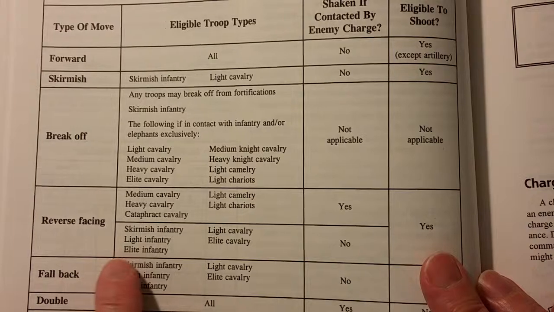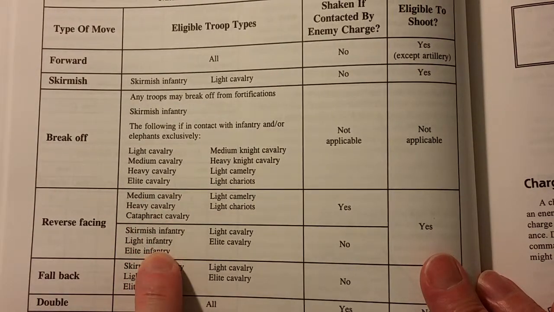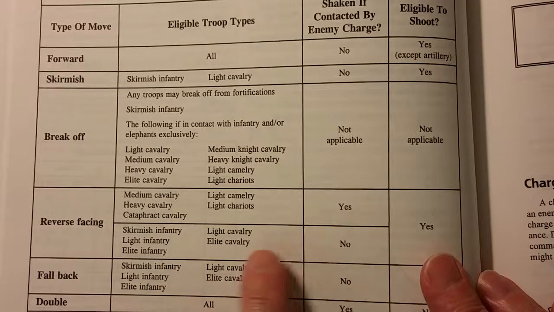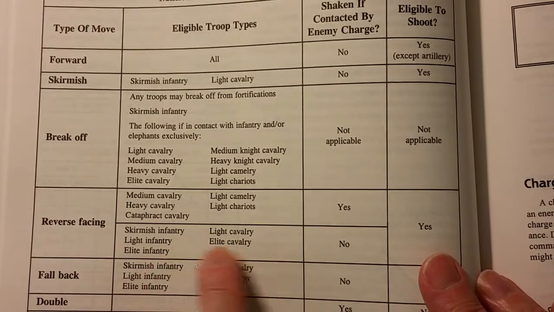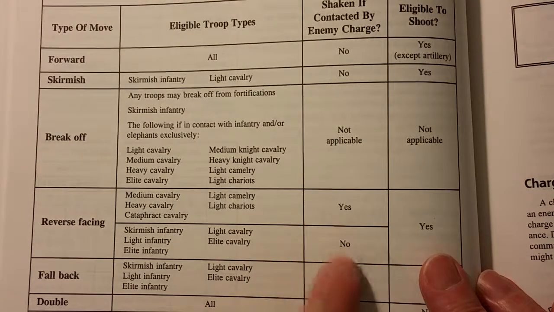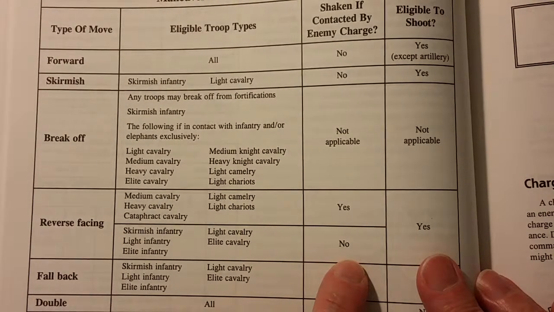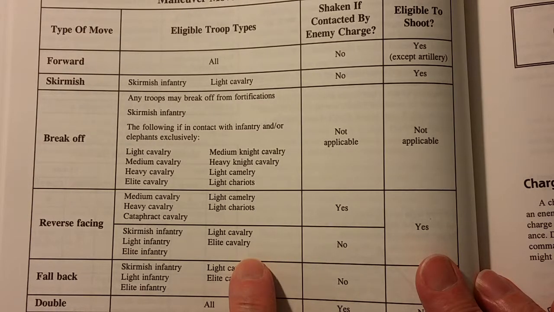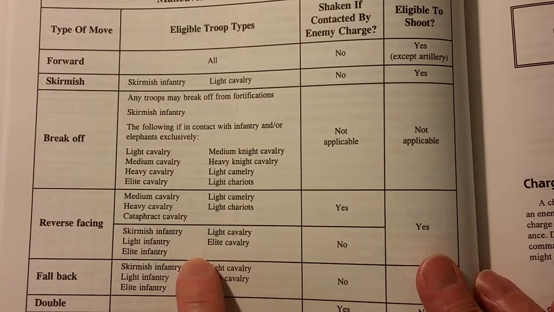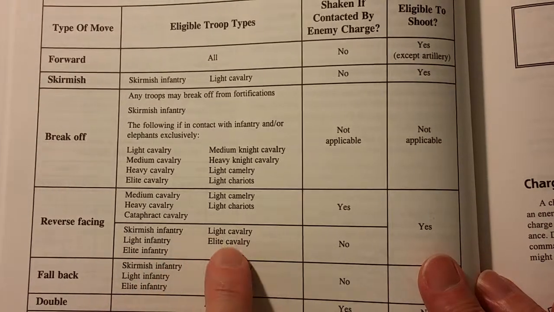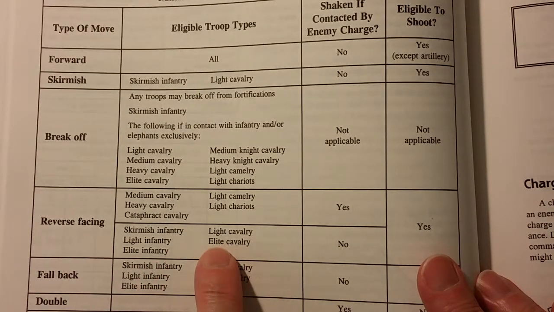Eligible troop types broken down into these 2 broad categories, which corresponds to shaken if contacted by enemy charge, yes and no. So no for skirmish infantry, light infantry, elite infantry, and so forth.